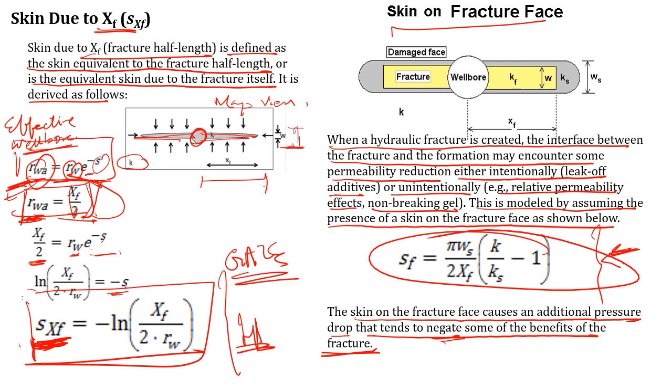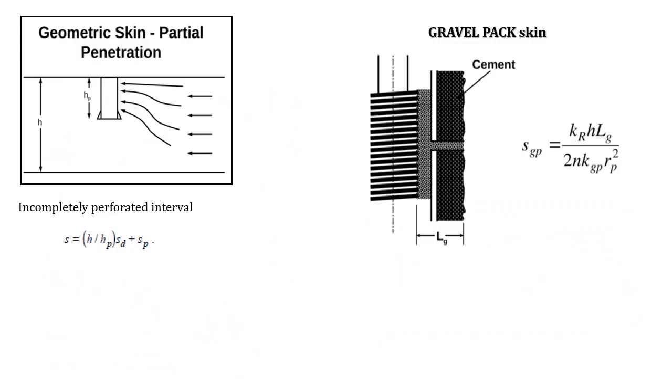All right, now let's move further. This particular figure shows the geometric skin due to partial penetration. Over here I have drilled a well, and let the height of the reservoir be H. I have only partially drilled the well, and partially perforated it. This is a geometric skin because of the partial penetration of the well. At some distance I will have radial flow, but near the wellbore my flow will start to converge.